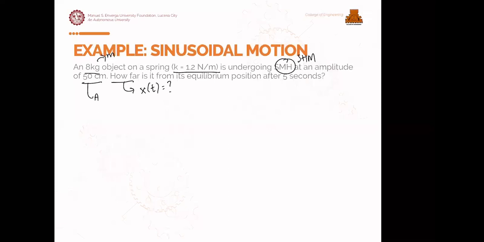So, we have x of t is equals to A cosine. Then, depende sa given yung gagamitin mong formula, no? So, pwedeng 2 pi over T yung original na given natin at t. Okay?